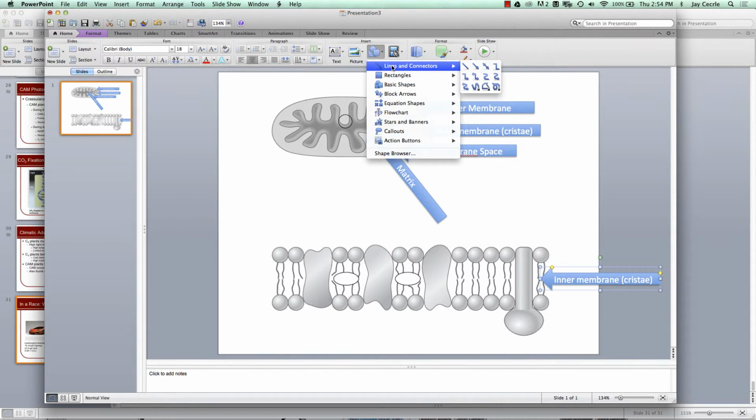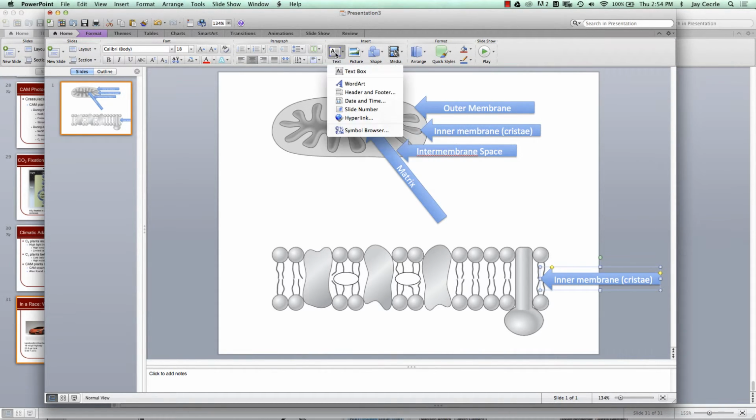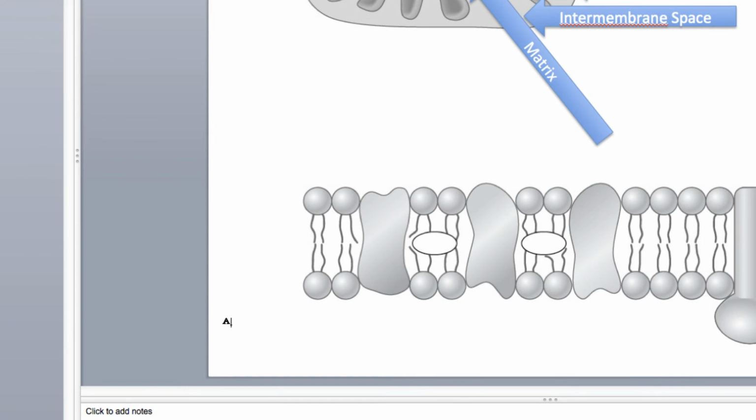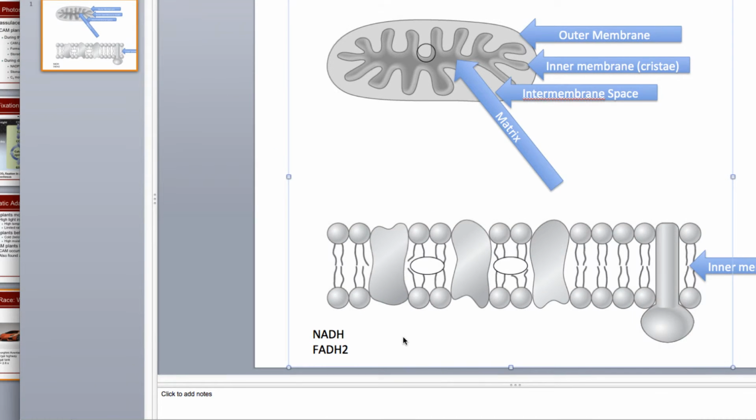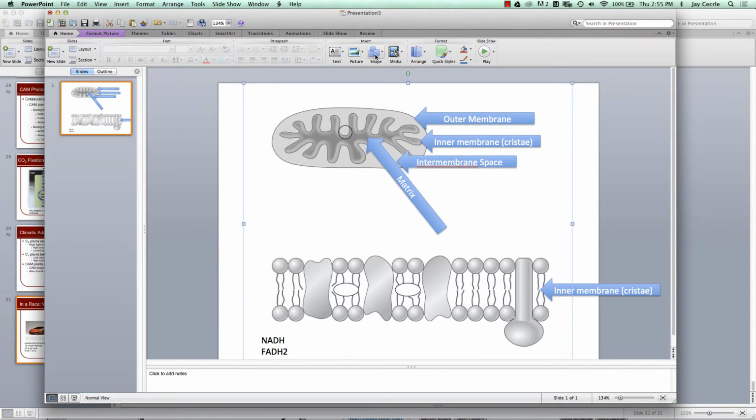So what we're going to do, we're going to add some things here. We're going to see what all this NADH and FADH2 do. Okay, so go and type NADH, FADH2. So these are the things that were made in glycolysis and Krebs. And what they get turned into, so I'm going to use an arrow again here.